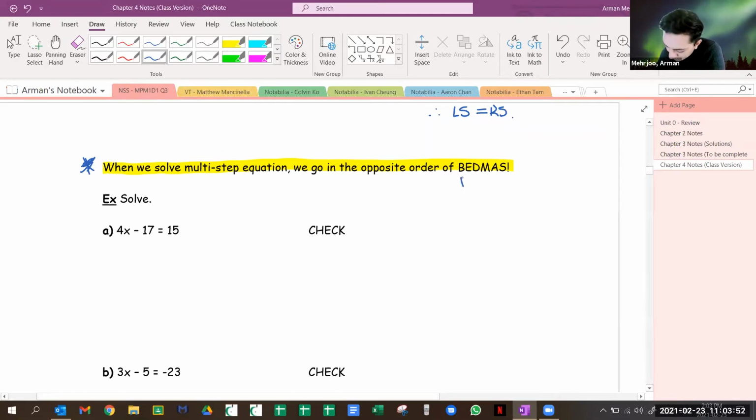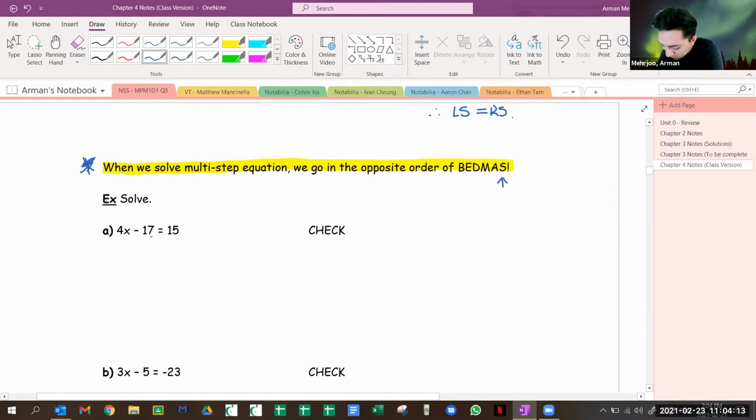BEDMAS says normally first I do my brackets, then my exponents, then division, then multiplication, and then addition and subtraction. Now I'm actually going to try doing them in the opposite order when I want to isolate for x. So subtraction would be the first thing I want to do.